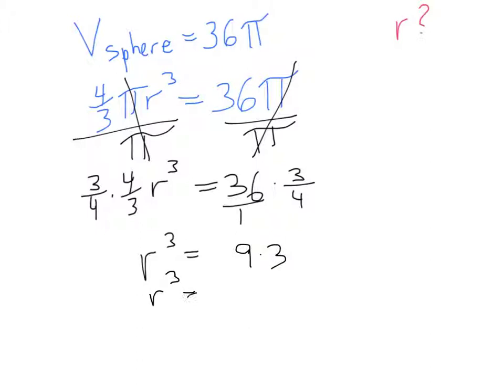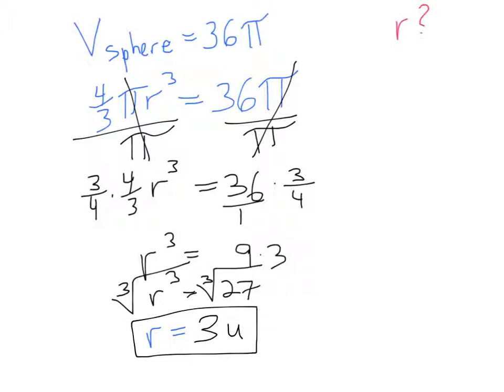So we know r cubed is 27. Now we can take the cube root, which is the opposite of cubing, both sides, and that will just isolate our radius on the left. And then you have to ask yourself, what times itself again makes 27? And that number would be 3. So we know that the radius is 3 units big.